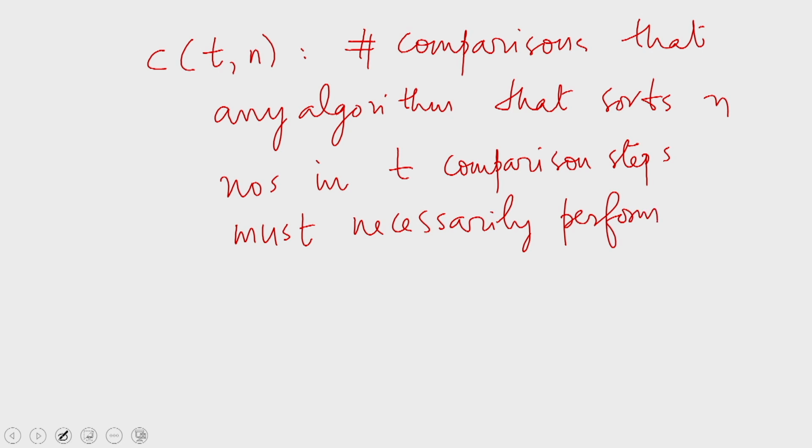C T of n is defined like this. Imagine an algorithm that sorts n numbers in T comparison steps. Then the number of comparisons that this algorithm must necessarily perform is what C T of n is. That is, the minimum number of comparisons that any such algorithm must perform is what C T of n is.